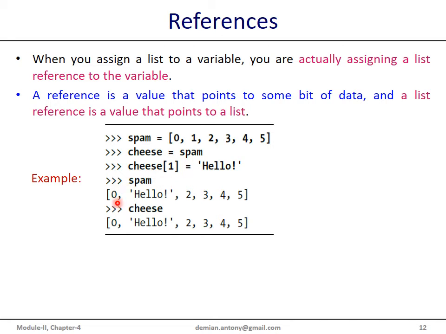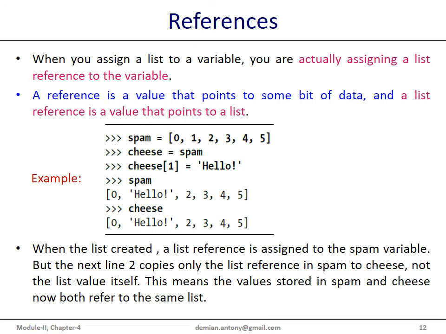And you see the result. The result is modified. And if we print the list with the second reference, again you get the same modified list. This concept is very important when we pass a list as an argument to a particular function.